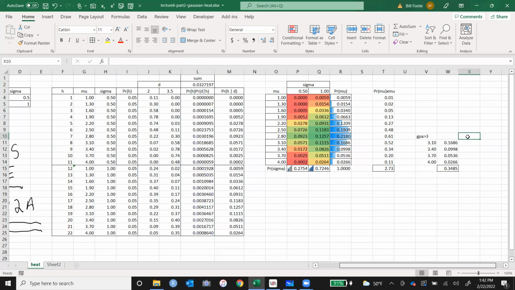We now compute the probability of any of these mu's greater than 3 in this unconditional sense. That will be equal to this, which will get the biggest score, divided by that normalizing number.